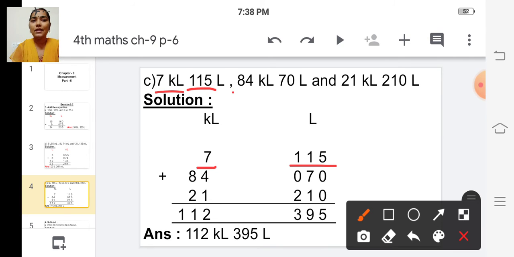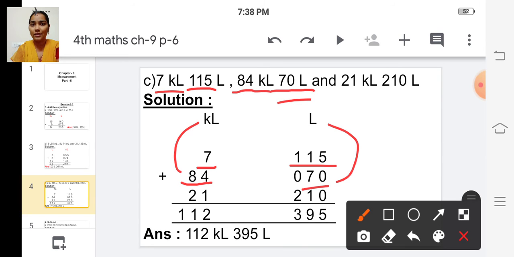And the second one is 84 kiloliter. So write 84 below this kiloliter. 70 liter. So write 70 below this liter according to the place value. That is very, very important, otherwise you will get wrong answer. And the third one is 21 kiloliter and 210 liter.